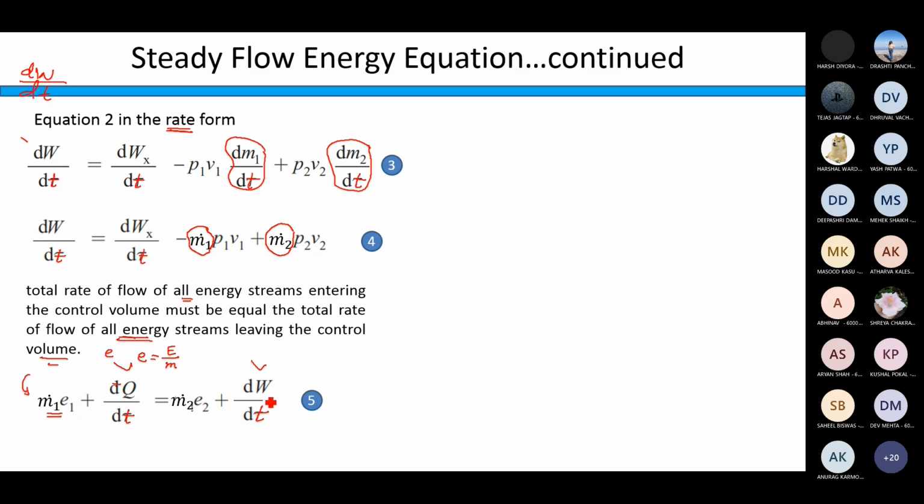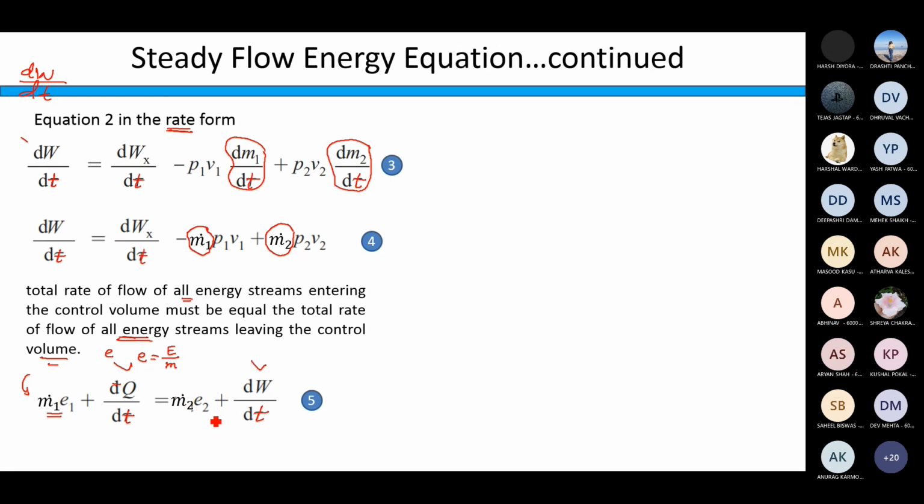So apart from heat and work interactions, you have the energy carried by the fluid at the inlet. I have to multiply this mass flow rate by the specific energy, which is per unit mass. So this term indicates the energy carried by the mass flowing per unit time at the inlet.